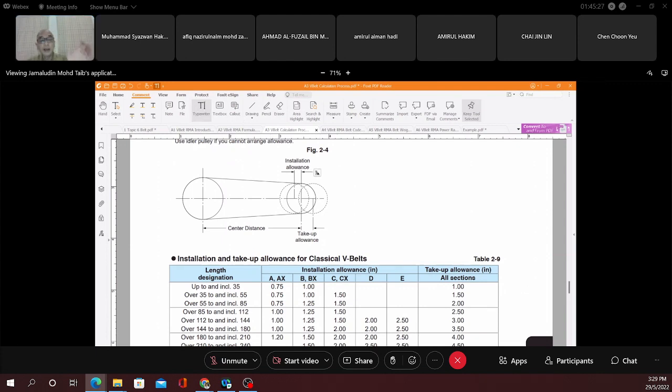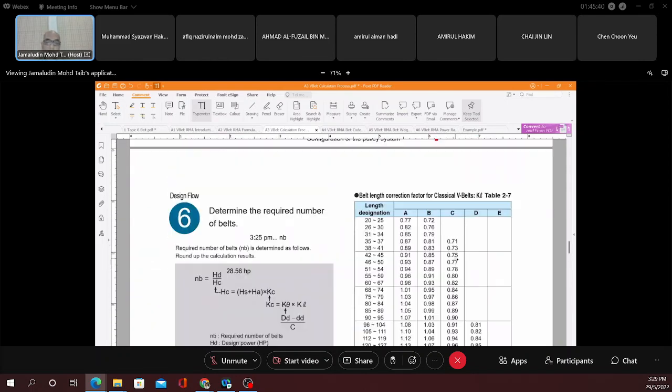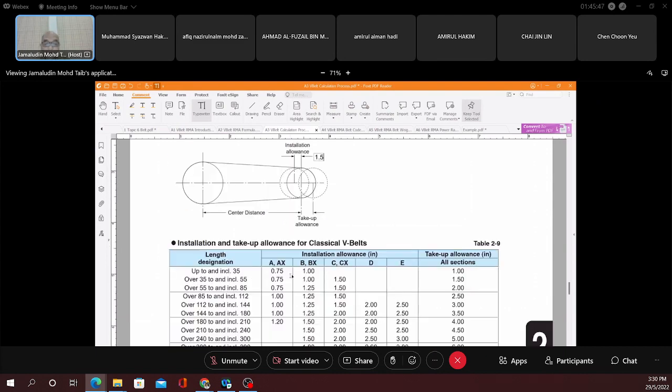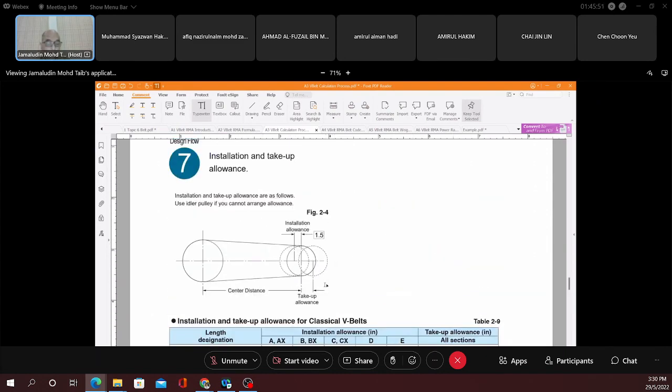That means the smallest distance is going to be the center distance, 18.49, minus this value, and the take up value for 95 is going to be 2.5 inch.